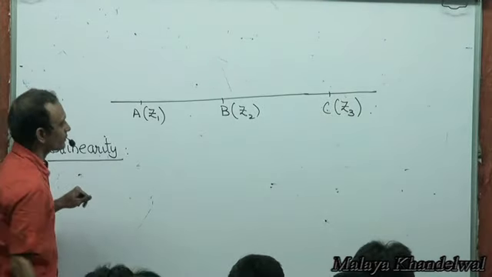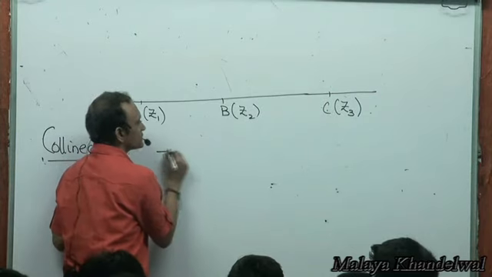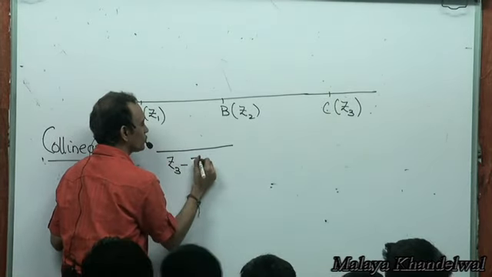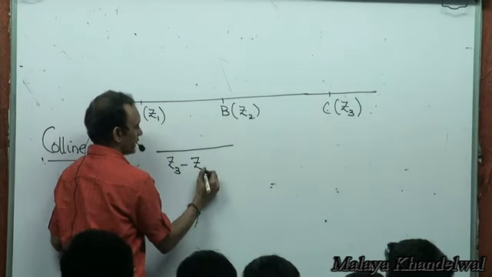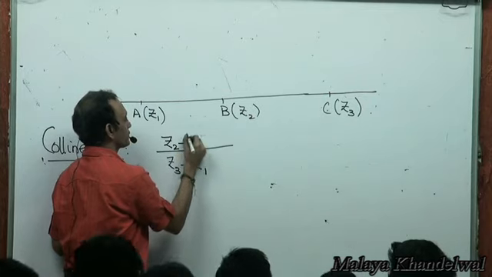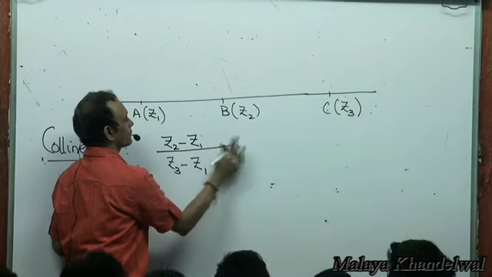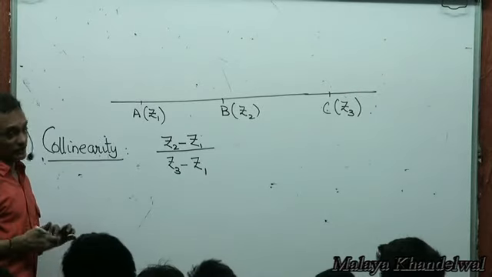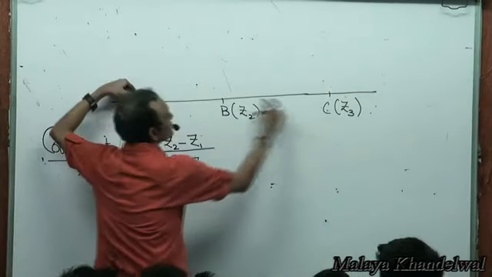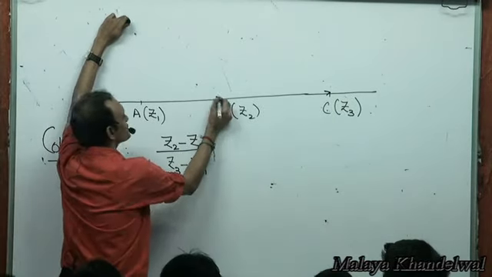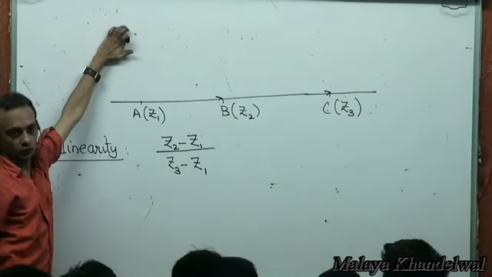Look at this. If they are collinear, then look at Z3 minus Z1 and Z2 minus Z1. Z3 minus Z1 is this vector A to C, and Z2 minus Z1 is this vector, right?